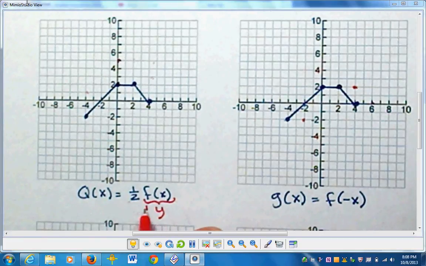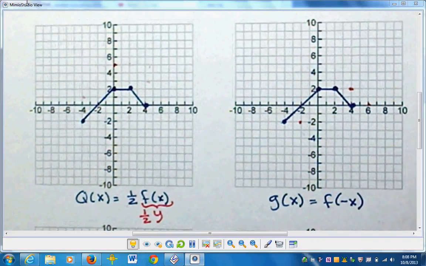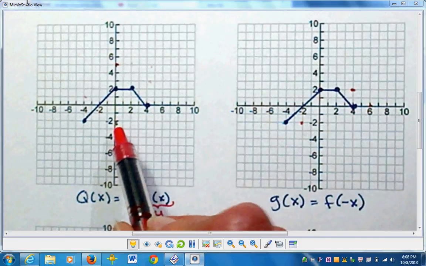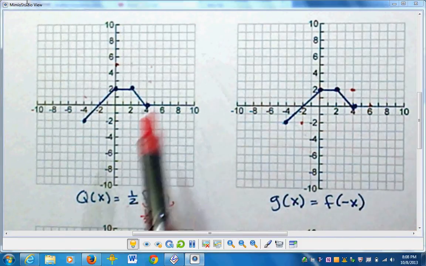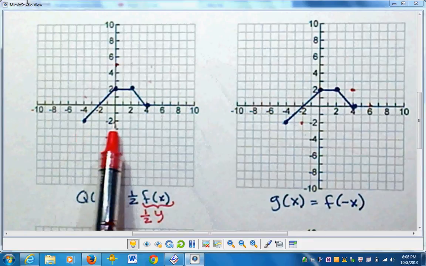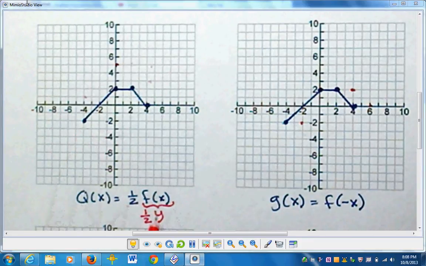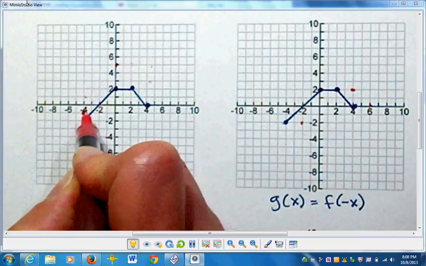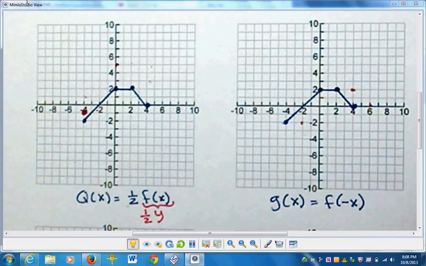So this would mean I'm going to take my y values and multiply them by 1/2. I didn't put the point values on this graph. It's the same as the other one, and we can get it right off of our y-axis. So right here, my y is negative 2. If I take half of negative 2, I get negative 1. So that just goes up there.